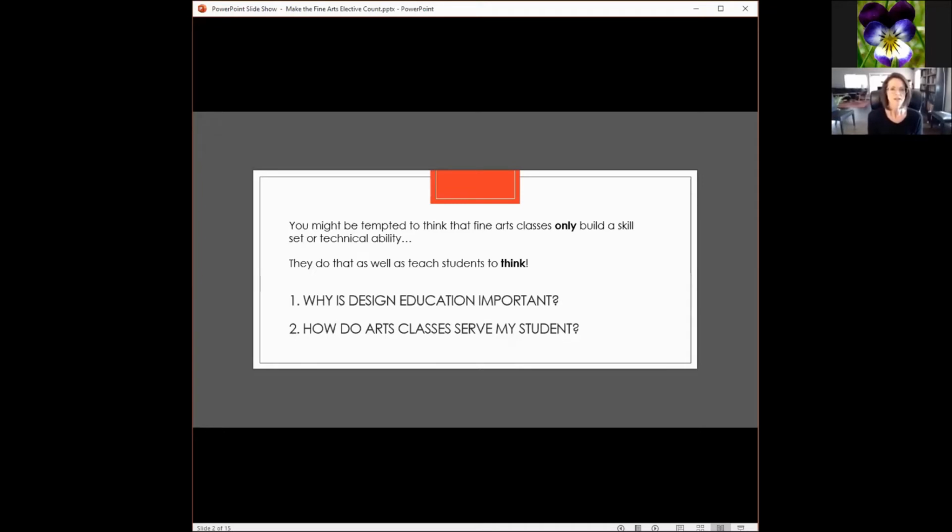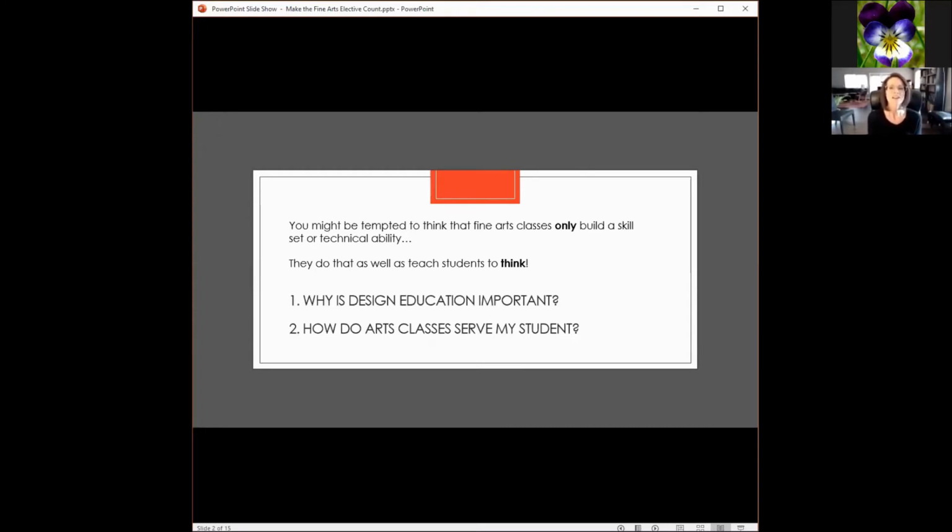And so let's address that and let's figure out how we can look at these two questions. Why is design education important, or just any education in the arts? Is it to build skills? Yes, we want to learn how to do what we do better. We want to draw better. We want to paint better. We want to express ourselves visually better.